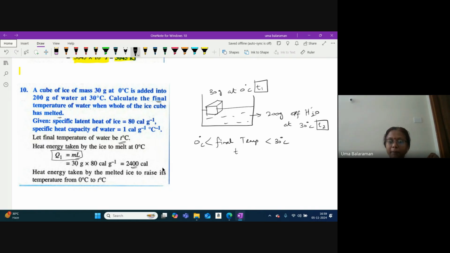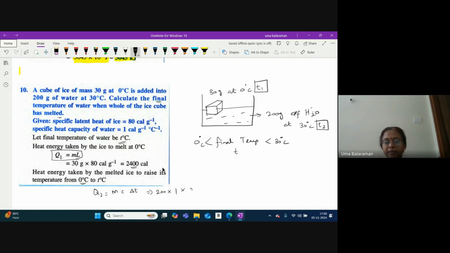Heat energy taken by the melted ice to raise the temperature from 0 to T degrees Celsius is the same. So MC delta T. This mass is different because it is 200 gram and the specific heat capacity of water is 1 calorie per gram.